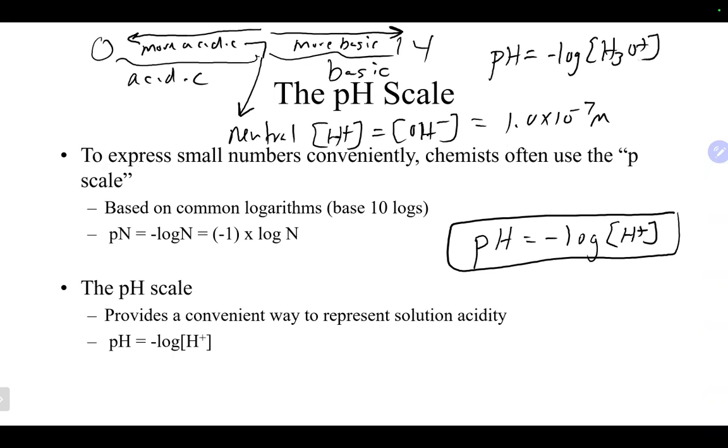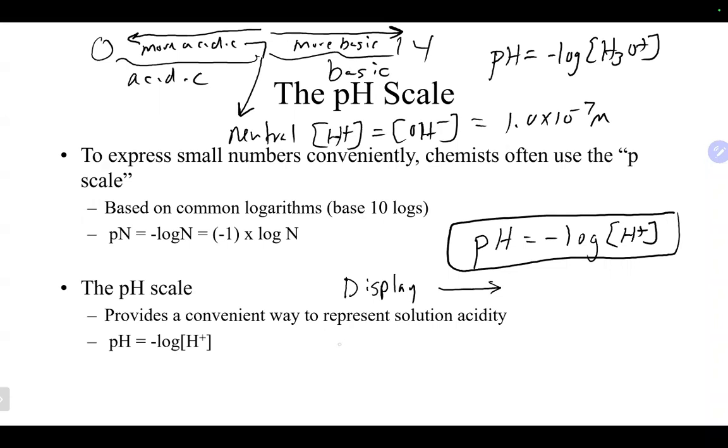Now, this formula here, and all of the rest of the formulas we're going to see in this chapter, depend on the type of calculator you have as to how you should punch it in. If you've got a display calculator, you should punch it in exactly the way you see it. You should hit the negative button, then the log button, then put the H plus concentration in.